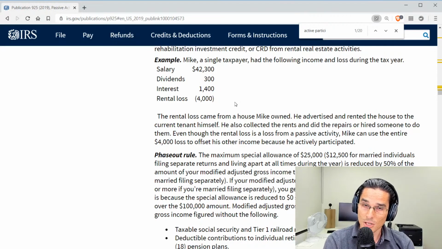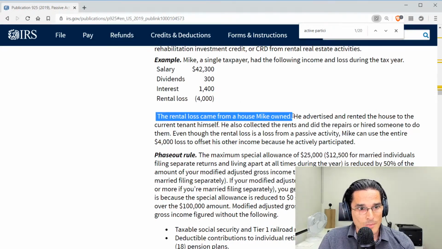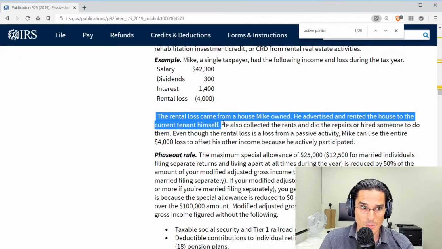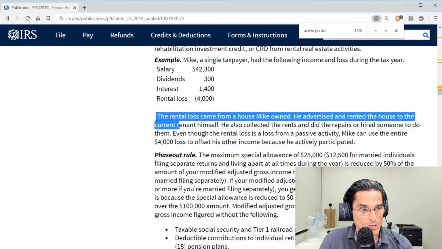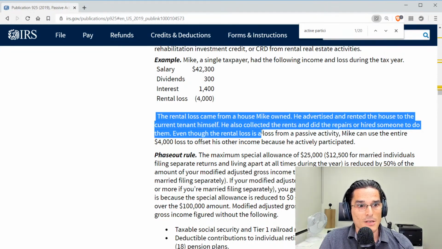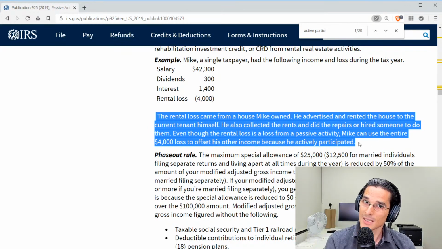But there are stipulations. Let's read. The rental loss came from a house Mike owned. He advertised and rented the house to the current tenant himself, active participation. He also collected the rents and did the repairs or hired someone to do them. Even though the rental loss is a loss from a passive activity, Mike can use the entire $4,000 loss to offset his other income because he actively participated.